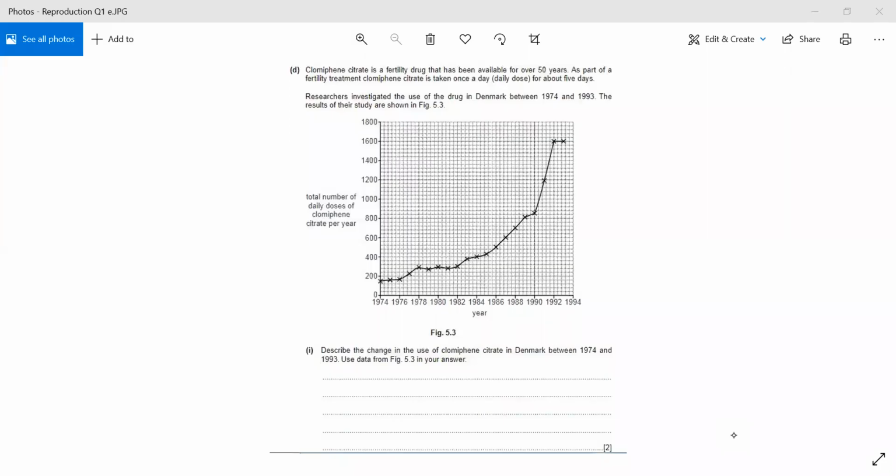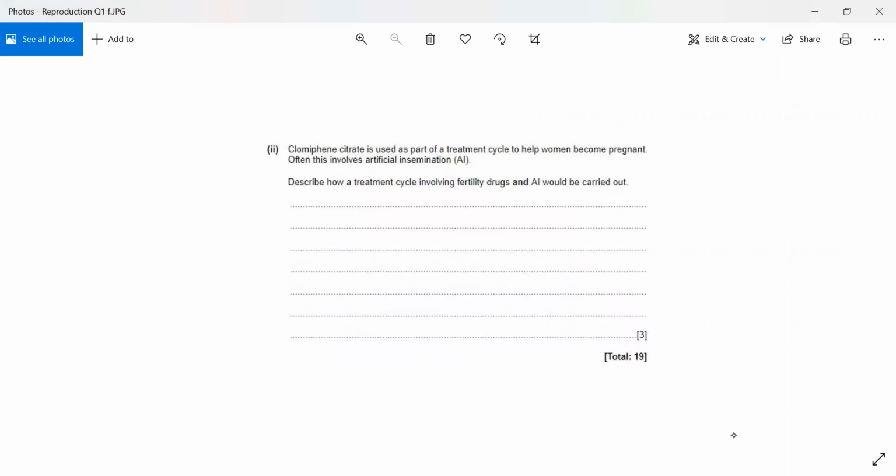And now we are moving on to the last part of the question, which is about clomiphene citrate, which is used as part of a treatment cycle to help women become pregnant. Often this involves artificial insemination. So here we have to describe how a treatment cycle involving fertility drugs and artificial insemination would be carried out.